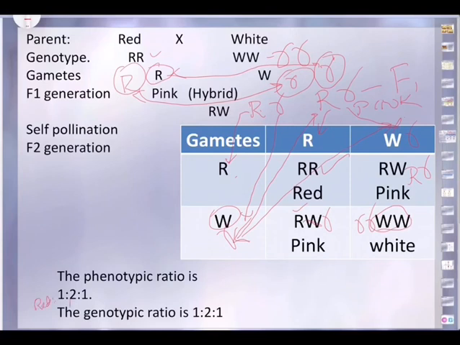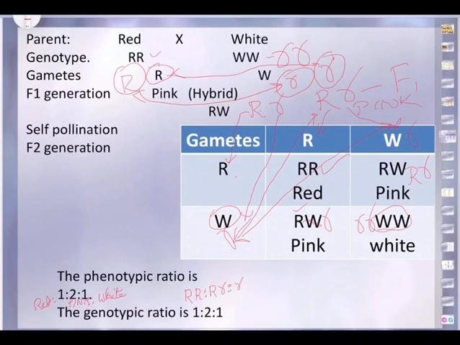So phenotypic ratio is 1:2:1. But don't write simply 1:2:1. You need to write below this 1, that this is a red flower, 2 is pink, and 1 is white. You have to write this way. Phenotype, physical appearance also you have to write.